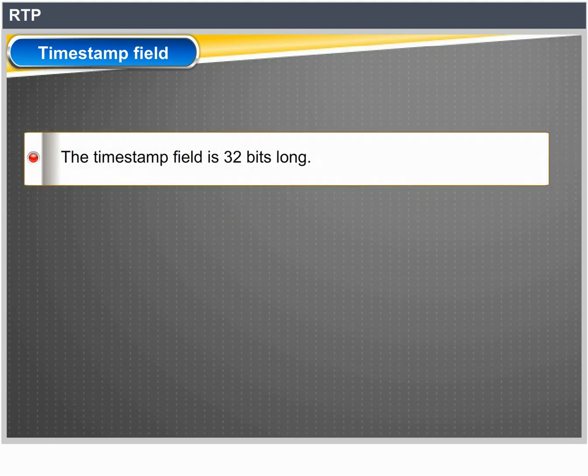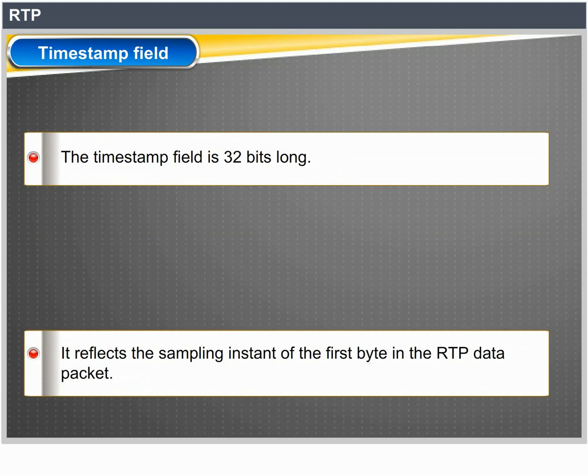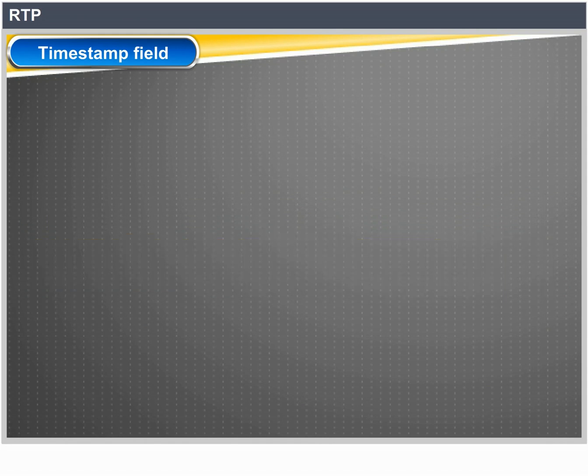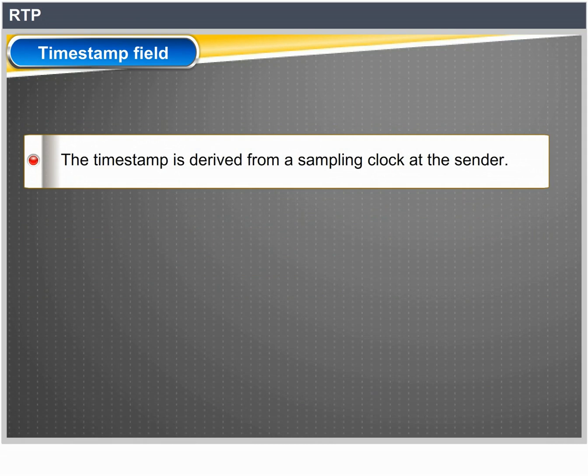Timestamp field. The timestamp field is 32 bits long. It reflects the sampling instant of the first byte in the RTP data packet. The receiver can use timestamps to remove packet jitter introduced in the network and to provide synchronous playout at the receiver. The timestamp is derived from a sampling clock at the sender.